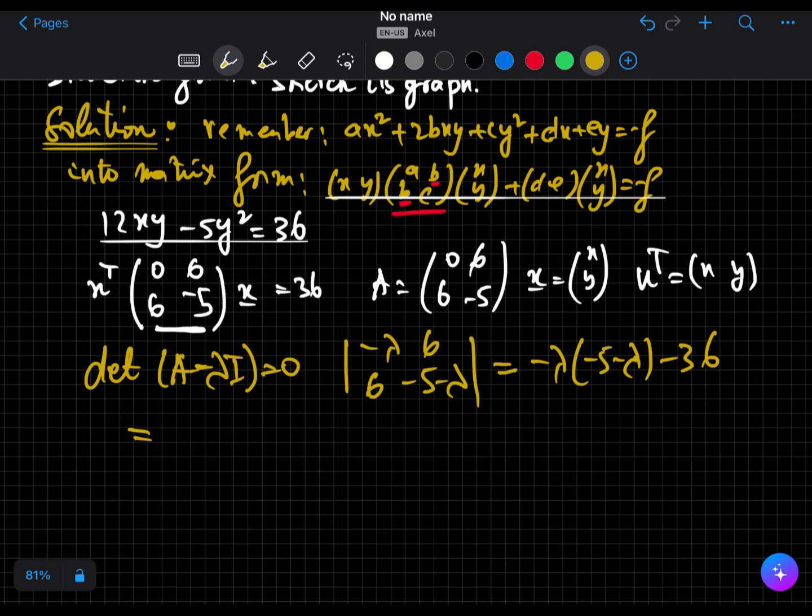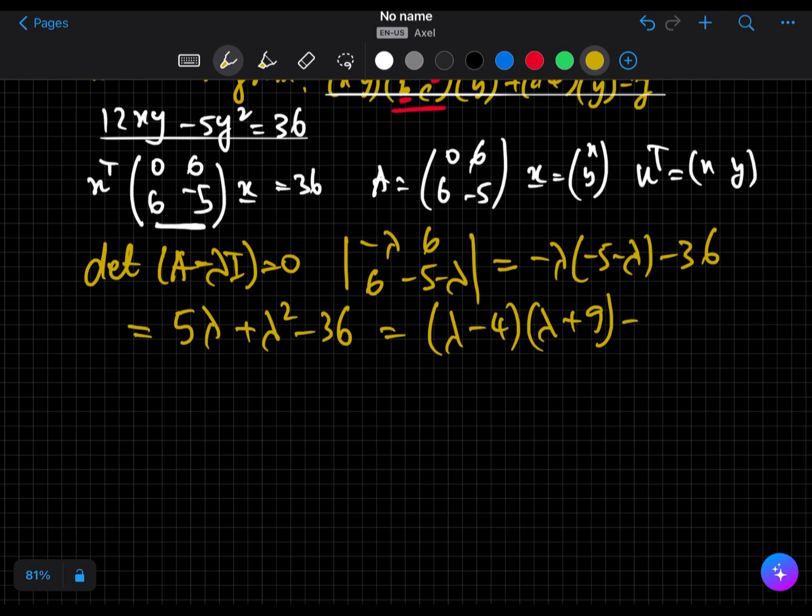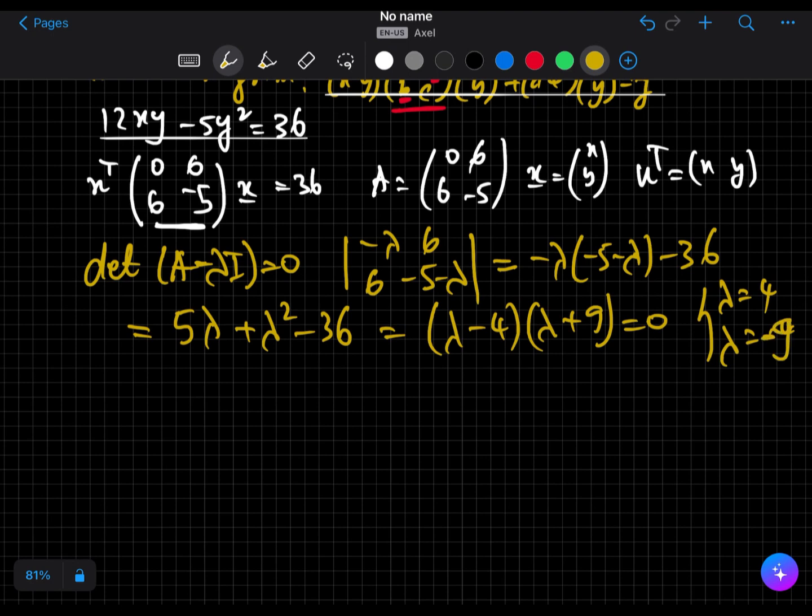So this will give me 5 lambda plus lambda squared minus 36. And then this will give me lambda minus 4 times lambda plus 9. So equaling this to 0, we have two values of lambda: lambda equals 4 and lambda equals minus 9.